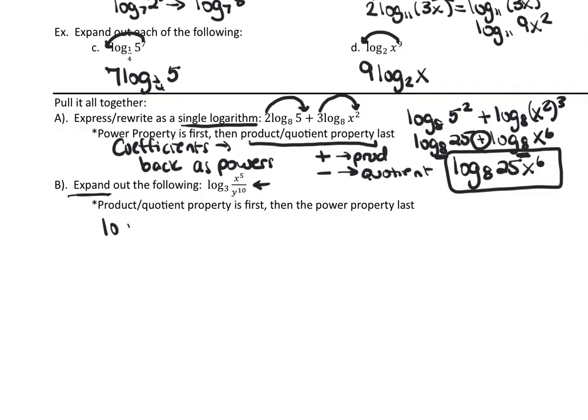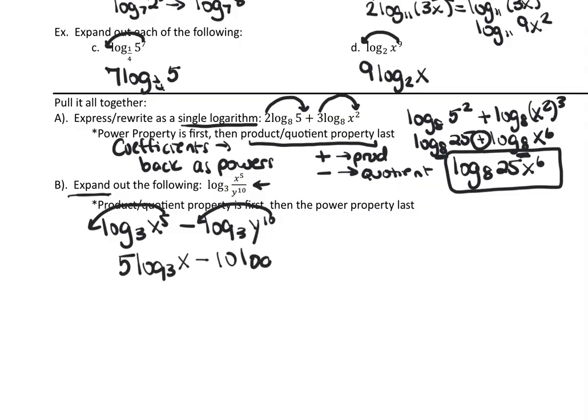So I'm going to rewrite this as 2 logs, log base 3 of the top one, minus log base 3 of the bottom one. And then last, if there's a power, we bring that out in front as a coefficient. So our final answer will be 5 log base 3 of x minus 10 log base 3 of y.